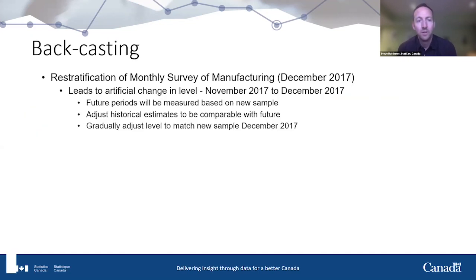So one example is our monthly survey of manufacturing. Every so often, about every 5 years, we refresh our sample. So the focus of this survey is to produce month-to-month movements that are accurate. So in the survey design, what it does is we choose a sample of manufacturing establishments, and we collect from them every month for about 5 years.